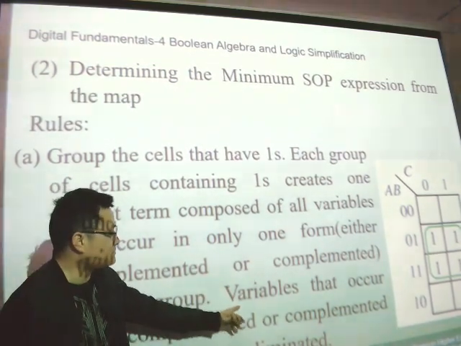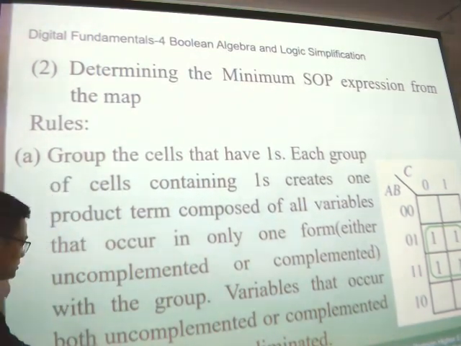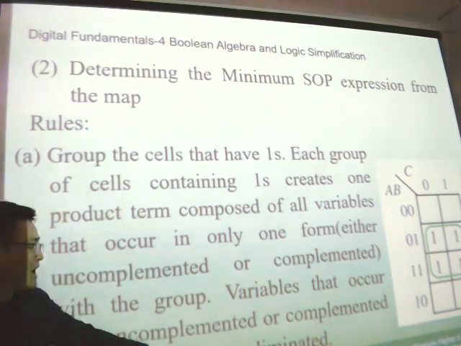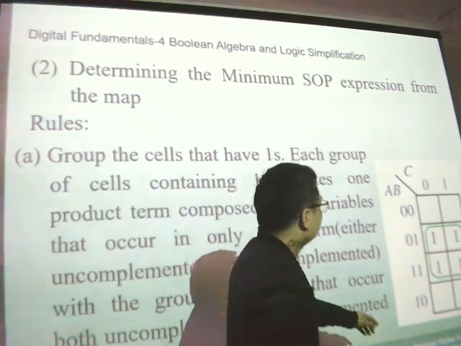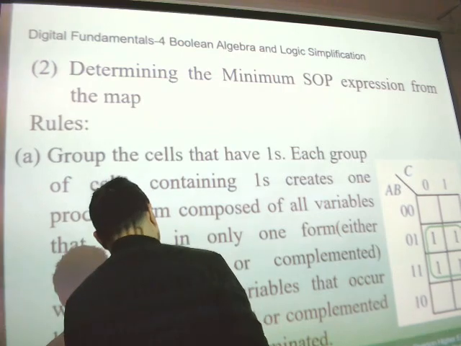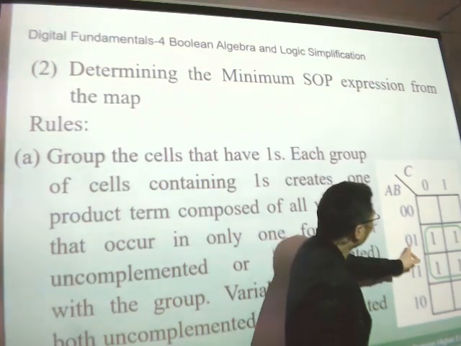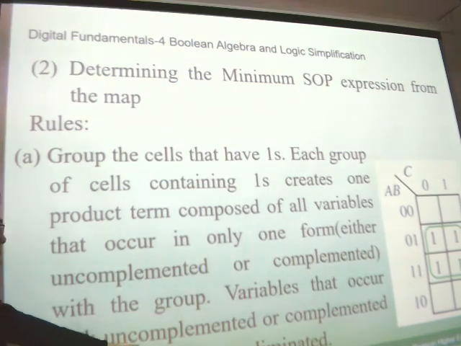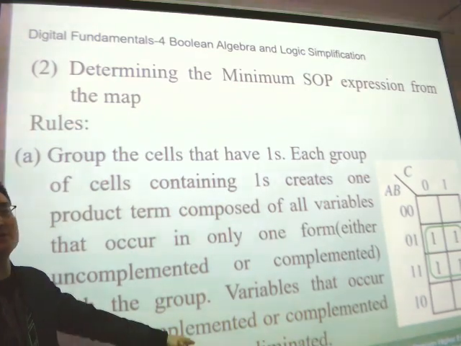Please read this sentence. Variables that occur both uncomplemented and complemented within the group are eliminated. So for variable A, 0 and 1: 0 is complemented, 1 is uncomplemented.